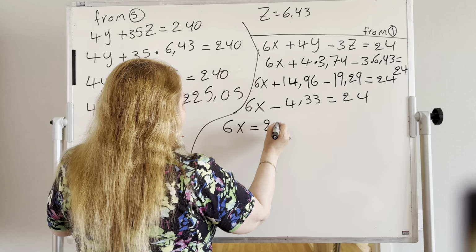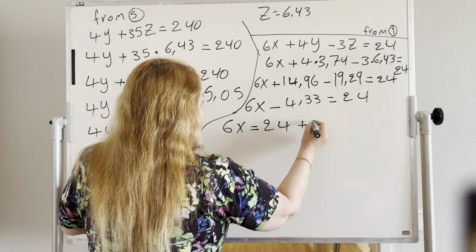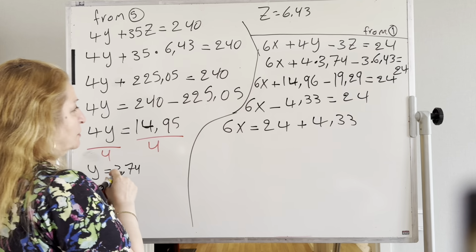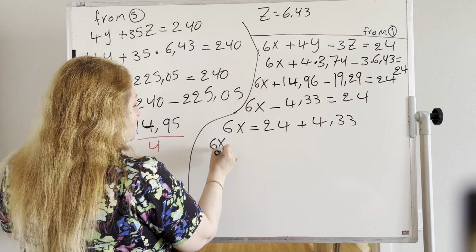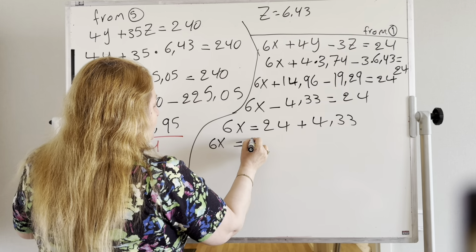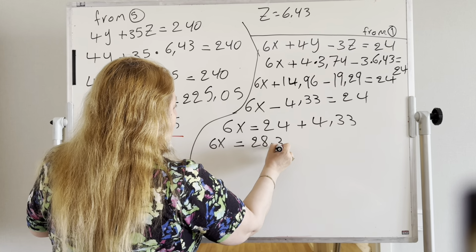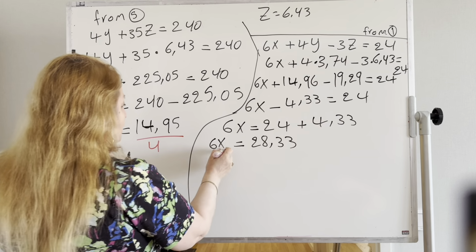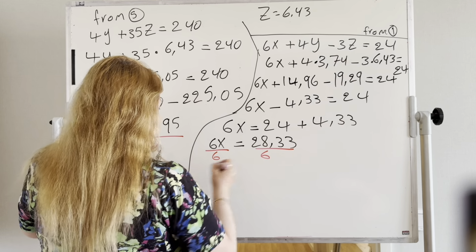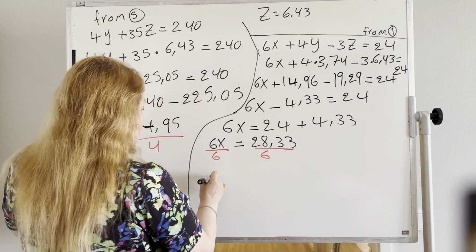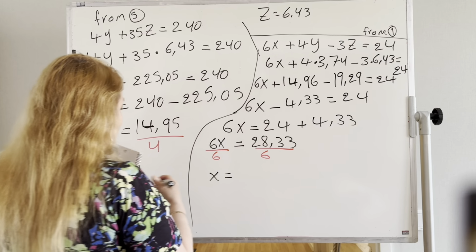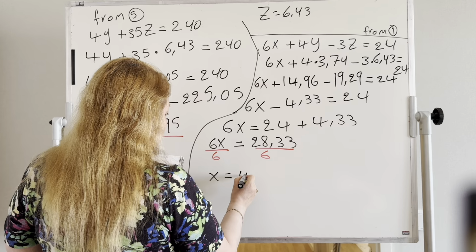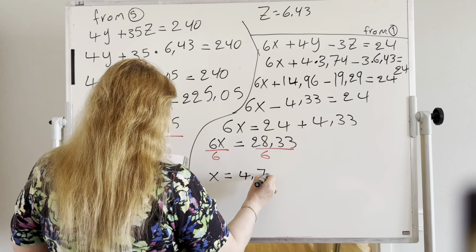It will be 24 plus 4.33. 6x equal 28.33, and divided by 6 to both sides. x equal 4.72.